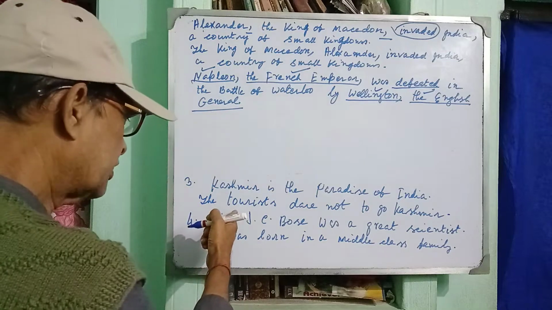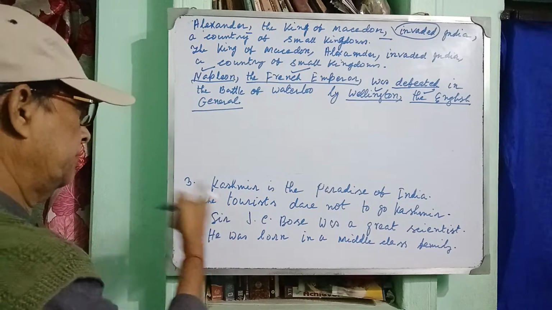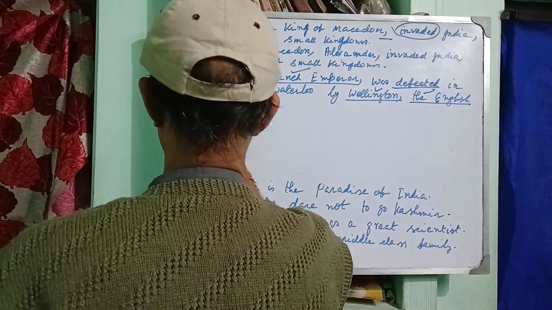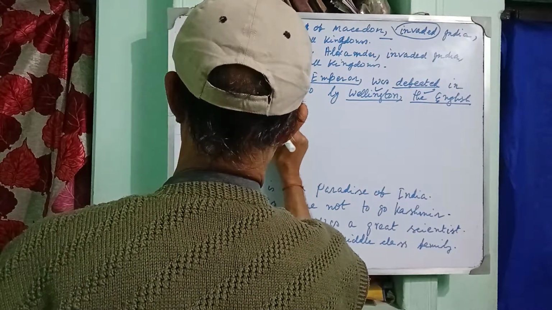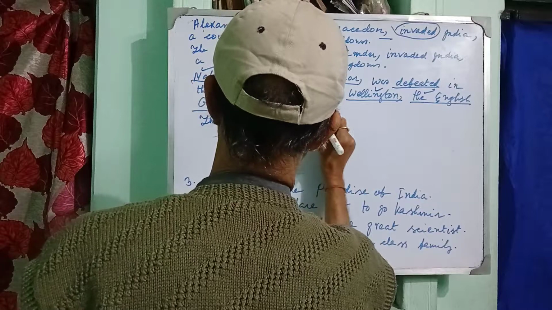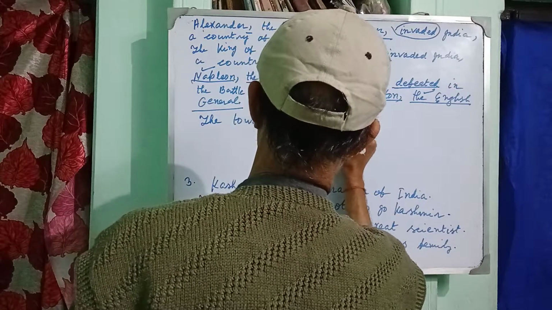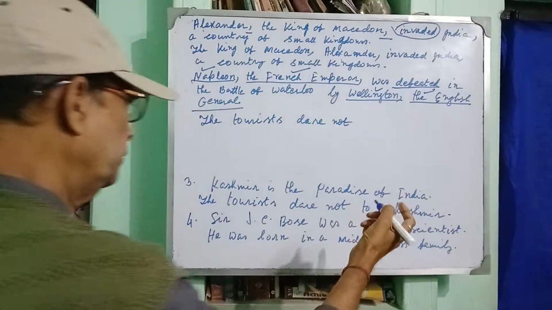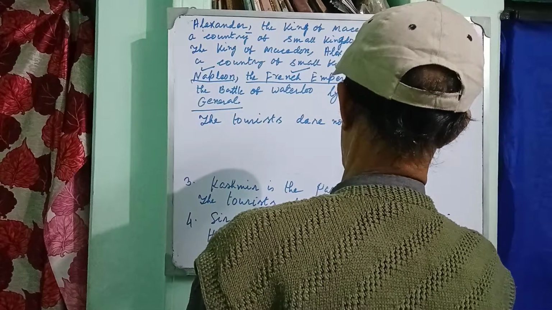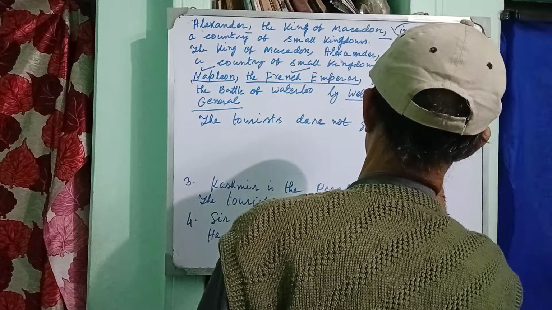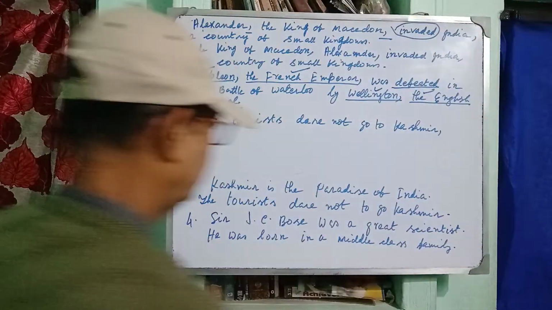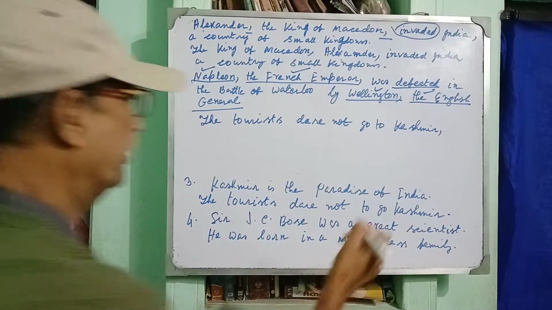So begin your sentence from the last sentence. The tourists dare not go to Kashmir, comma, the paradise of India.